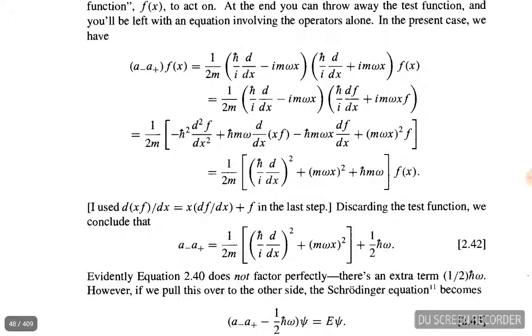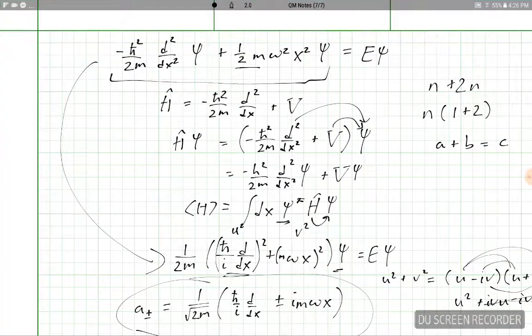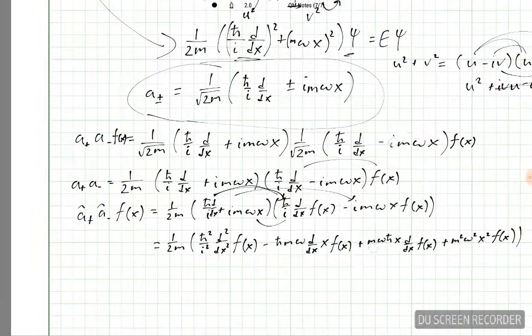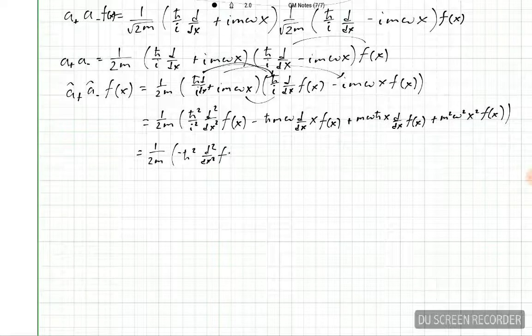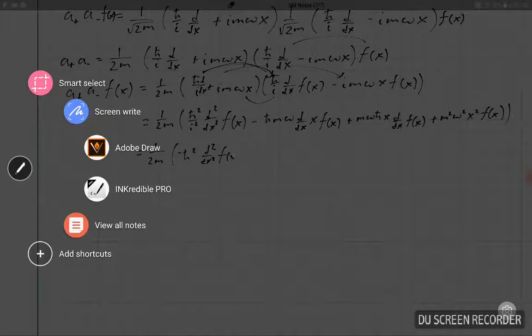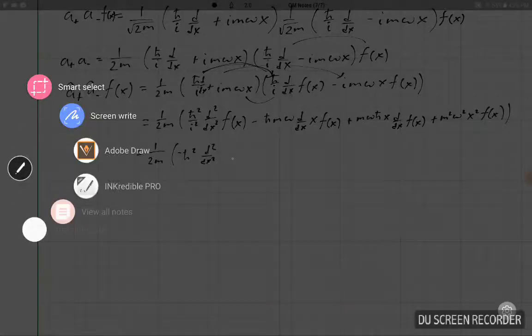Then we can go ahead and simplify that out a little bit. We can pull out our f of x, so you can always pull out that test function at the end, make your life a little bit easier. Let's do minus h bar squared second derivative on f of x. Oh, you know what, I'm going to pull out my f of x, so let's just say second derivative.